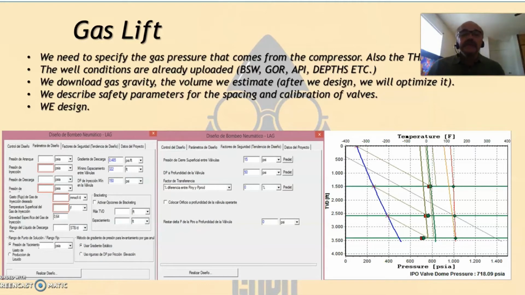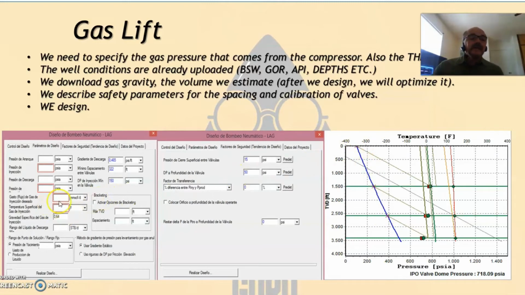So, when we are going to design a gas lift well, like I said, we put the pressure we have available to do the design. In the gas pressure, we also need to know at what pressure the well is going to be unloaded.